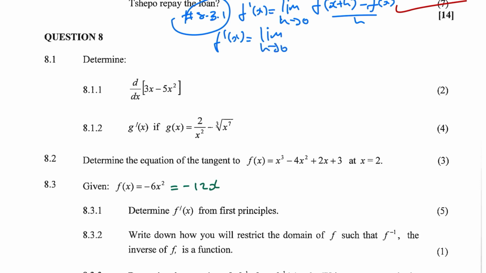Second mark is to substitute. So where there's the x, you just put x plus h. So you have minus 6 times (x plus h) squared, minus f of x, which is minus 6x squared. This minus and minus becomes positive, so it's just positive 6x squared, all over h.